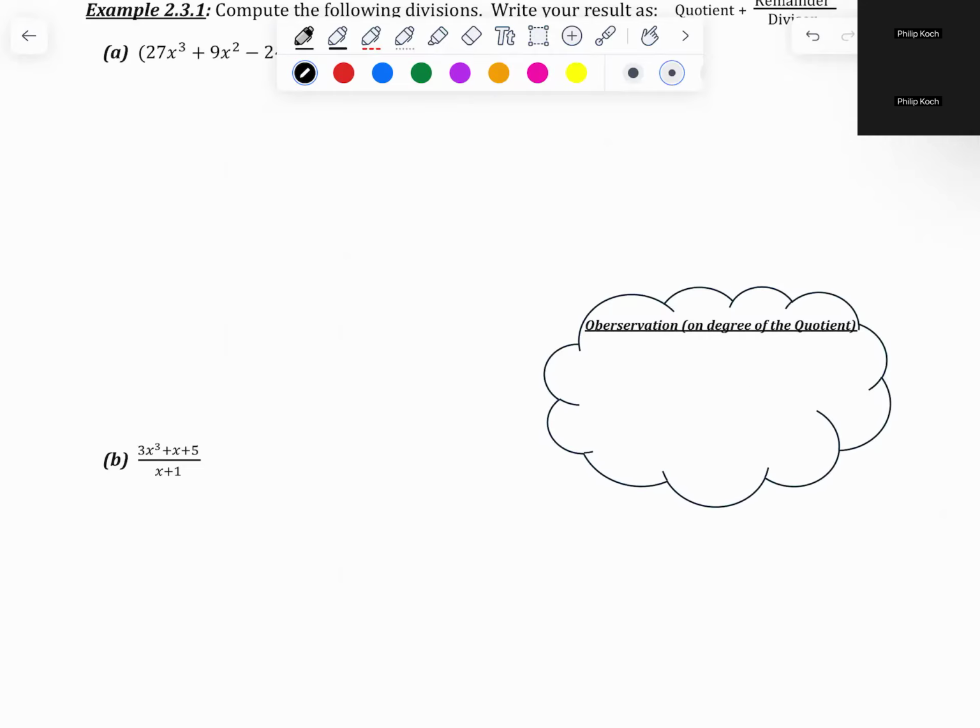B. 3x cubed plus x plus 5 divided by x plus 1. Problem is that the dividend, note, there's no x squared term. We need a placeholder.